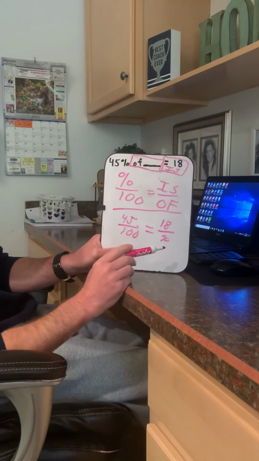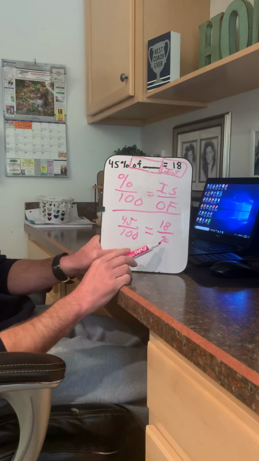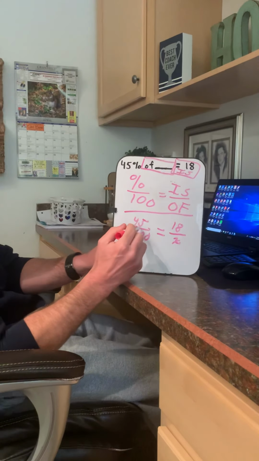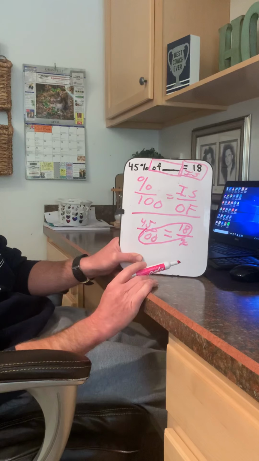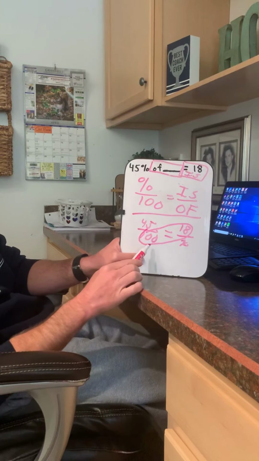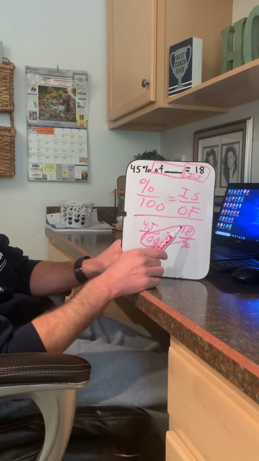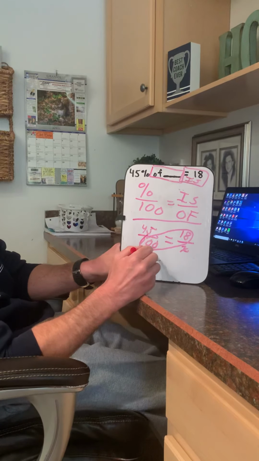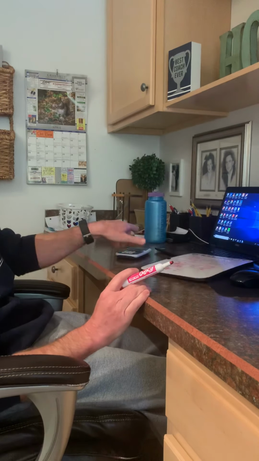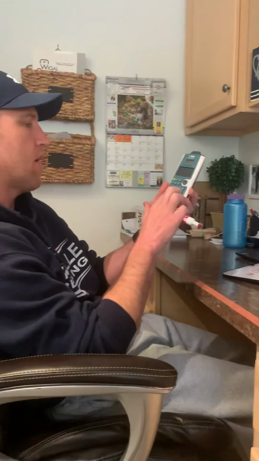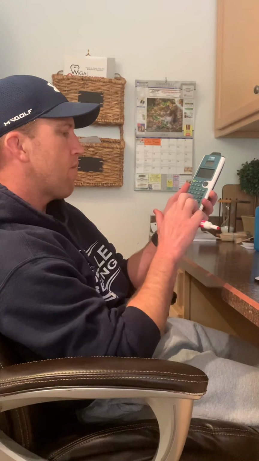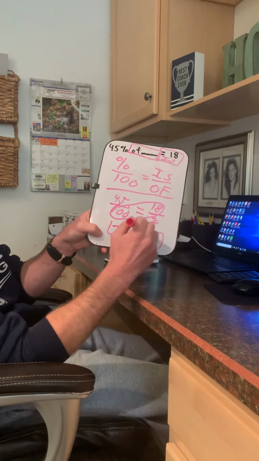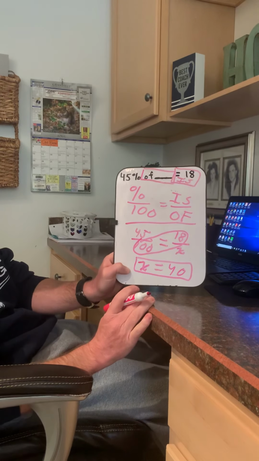Now, this is a proportion with one missing part, which we've probably done hundreds of this year. To solve proportions, we cross multiply and divide. So I'm going to grab my calculator and do 100 times 18 divided by 45, and that will give me x. The answer is 40.